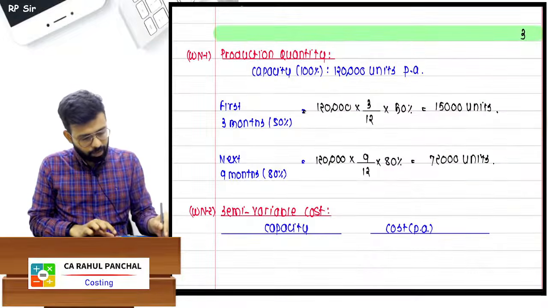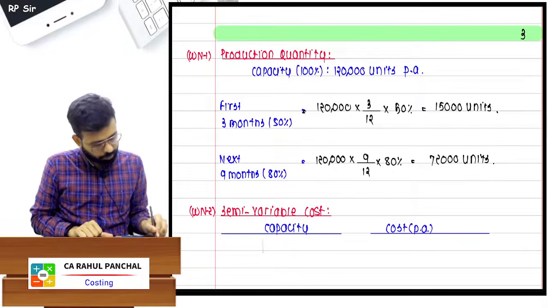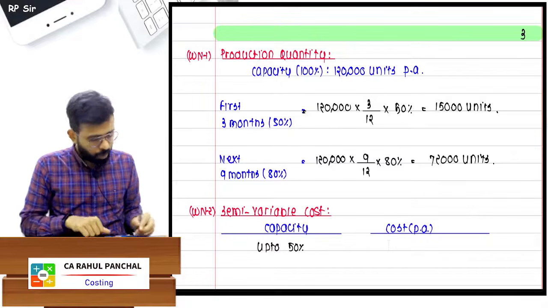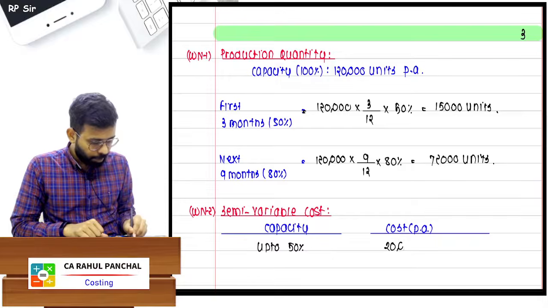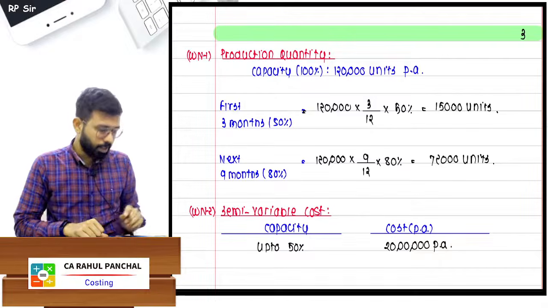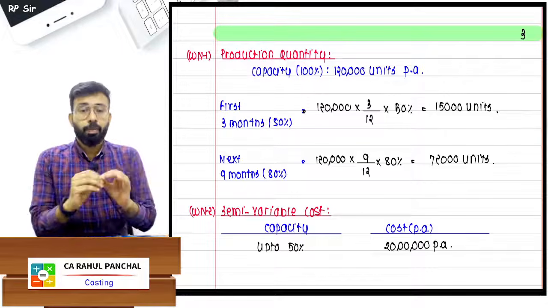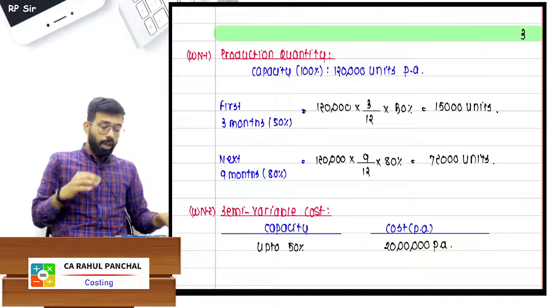So I can say capacity up to 50%, your cost will be 20 lakh rupees per annum. Yes sir, understood.